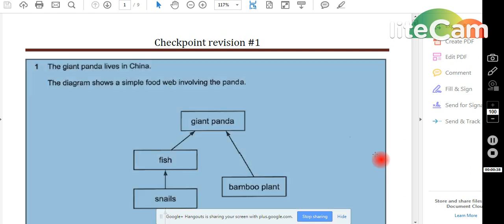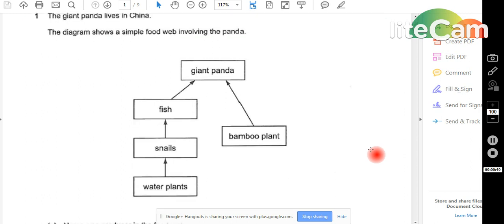If we look at the food web, there's a bamboo plant, and the panda feeds on the plant. But also there's water plants with snails feeding on the water plants, fish feeding on the snails, and the giant panda feeding on the fish as well. Is all of this making sense?